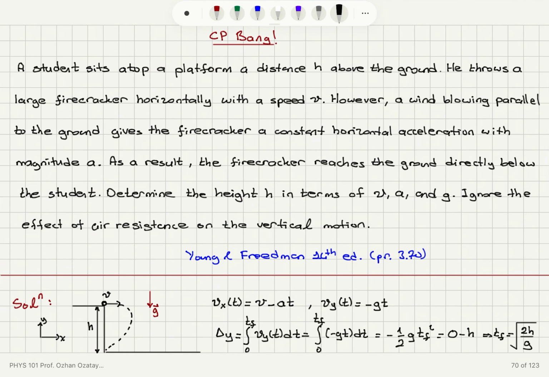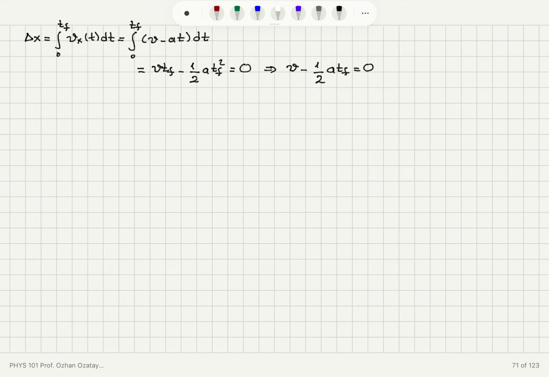And time of flight, on the other hand, we found to be the square root of 2h over g. So this is going to be v minus 1 over 2 a times the square root of 2h divided by g, and that's equal to 0.